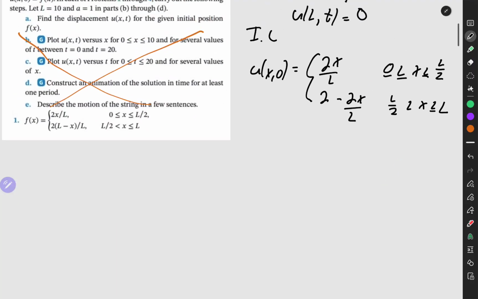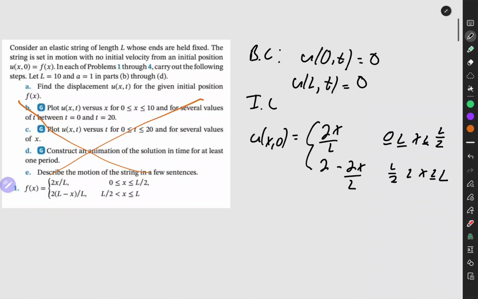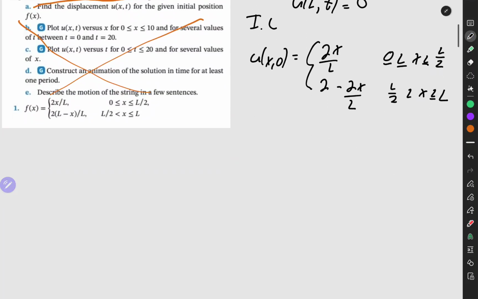Let's just leave it like that for now. It doesn't matter. Oh wait, actually, we're good with keeping it as L, because if you notice, it says let L equal 10 for parts B through D, because it wants us to graph it, so it has to give us a number. We're just going to use length L. Alright? Okay. That makes sense. I like that better, actually. It keeps the math a little bit simpler.